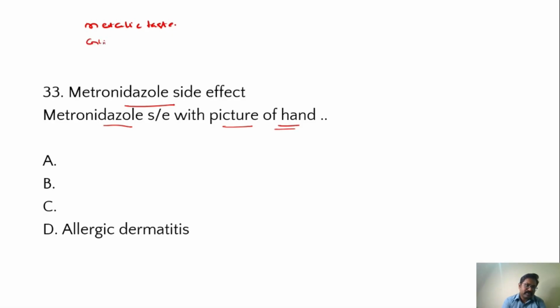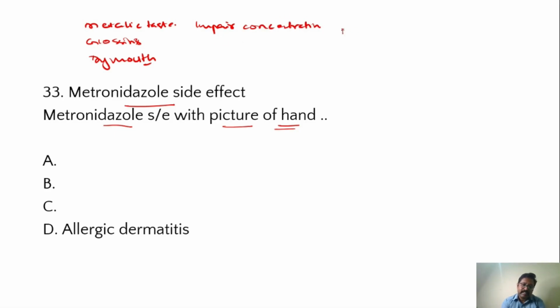It can cause glossitis, it can cause dry mouth, and it can impair consciousness and concentration. Concentration ability can be lost.